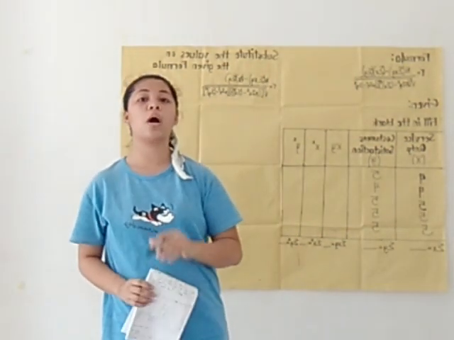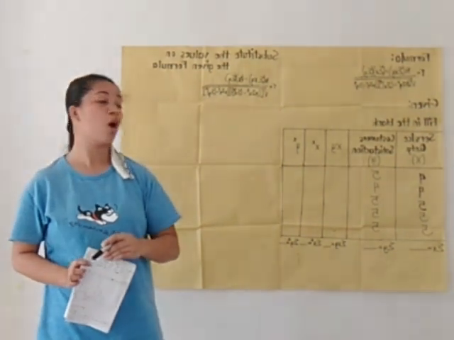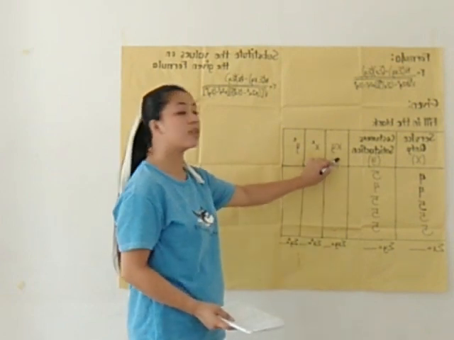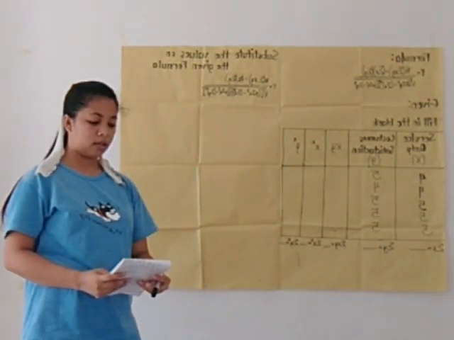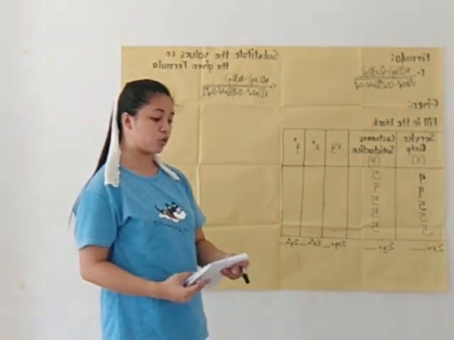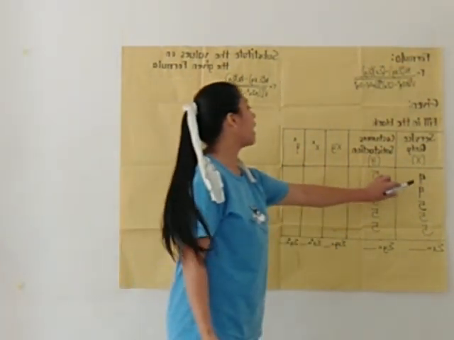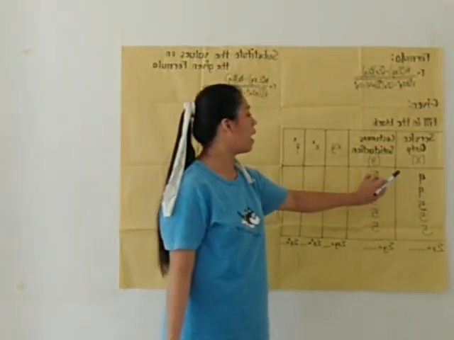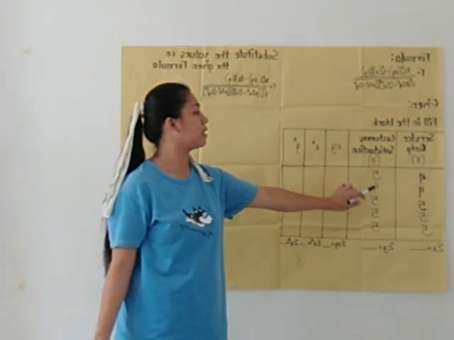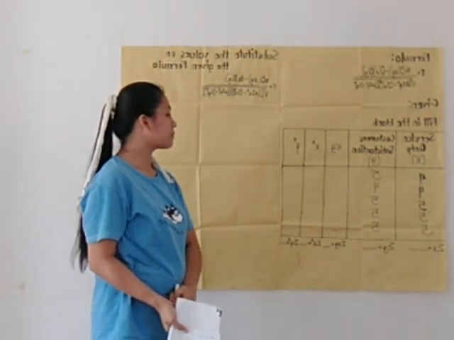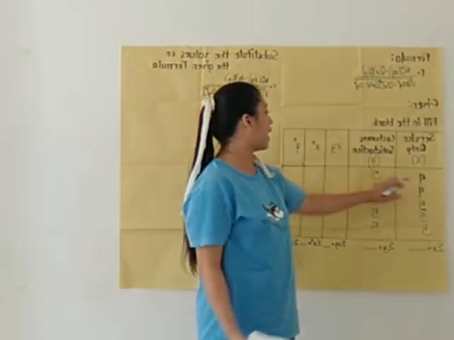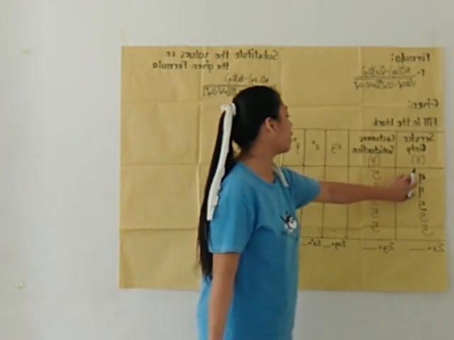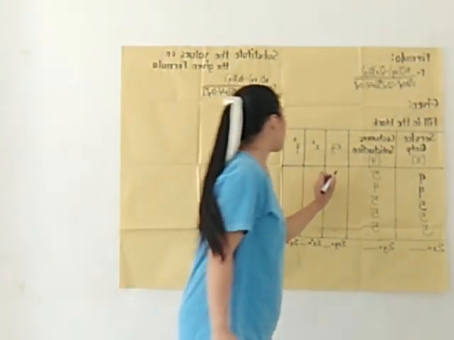I'm going to tell you the steps we're going to do to solve this problem. First is to get the value of xy. You need to multiply the value of x and y. 4 times 5 is equal to 20.